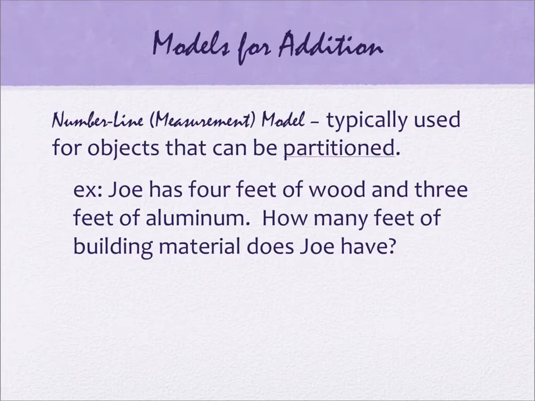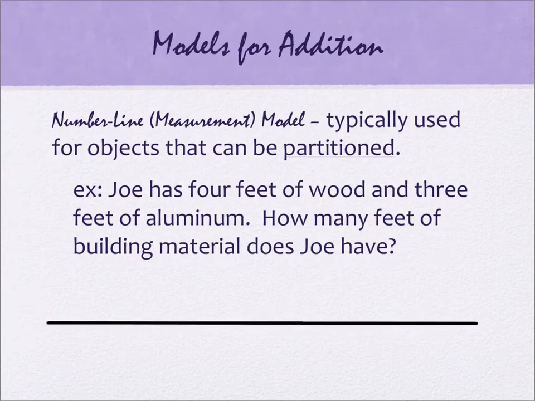We're still working with whole numbers. So Joe has 4 feet of wood and 3 feet of aluminum. How many feet of building material does Joe have? So the reason it's called a number line or a measurement model is because we can put it, in fact, on a number line. So we're going to start at 0.